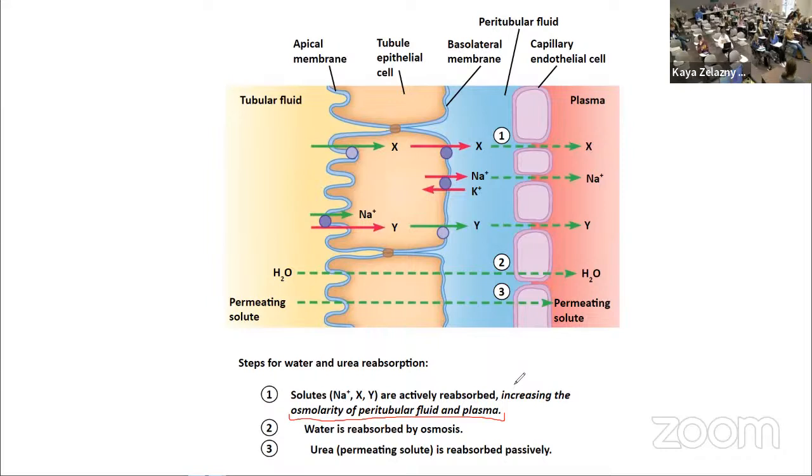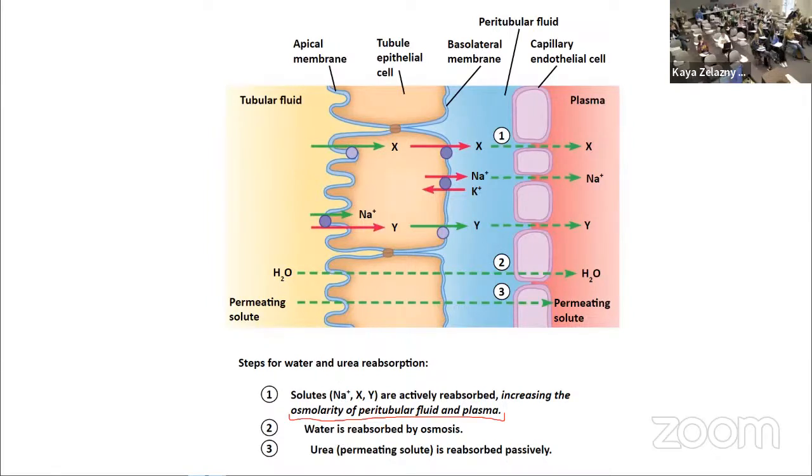The formal way we would describe that would be to say that it is increasing in its osmolarity. So increasing how hard it pulls water towards itself. Okay. So then the water gets pulled towards that highly osmolar solution. So it's being reabsorbed by osmosis towards that area.